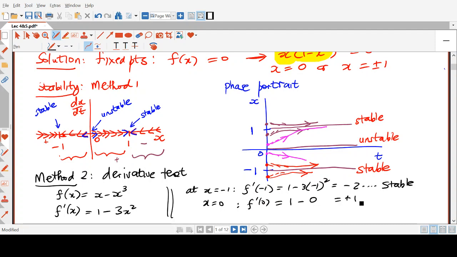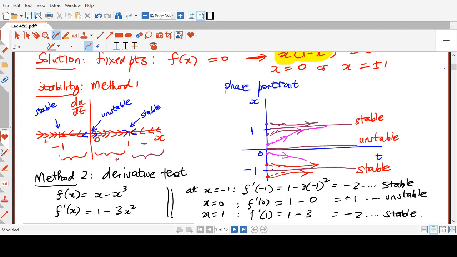And the plus tells us it is unstable. Plus is bad here. At x equals 1, f dash at 1 is 1 minus 3, which is minus 2. Again, stable. So that confirms what we have already derived. You can see the second derivative test is faithful. It gives you the right results.